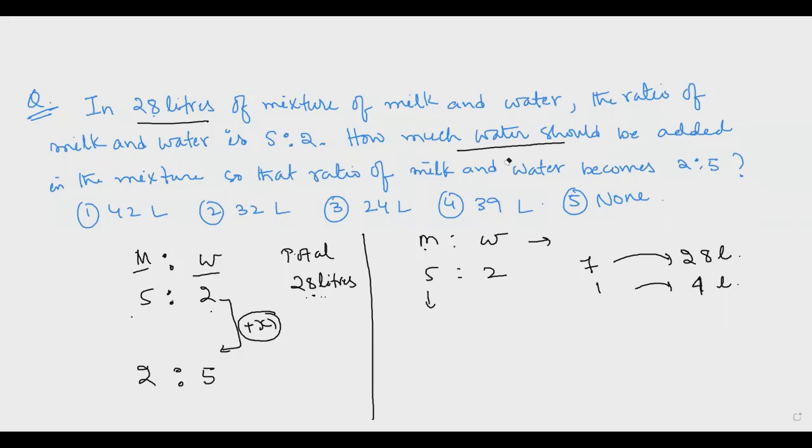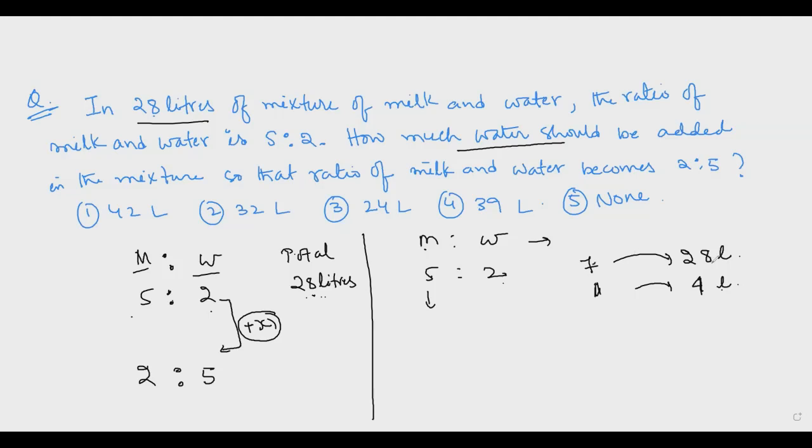Correct. 1 is equal to 4 liters. So 5 will be 20 liters, and 2 will be 8 liters.